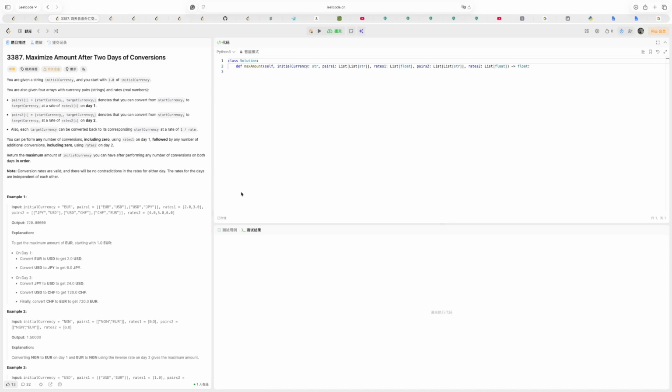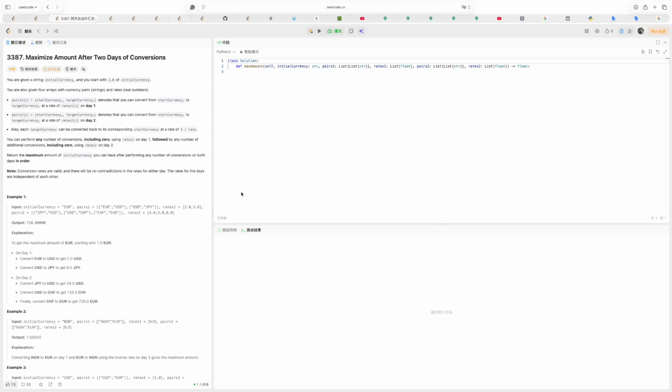Problem number 3387. Maximize amount after 2 days of conversions. You are given a string initial currency and you start with 1 of initial currency. You are also given 4 arrays with currency pairs, strings, and rates, real numbers.